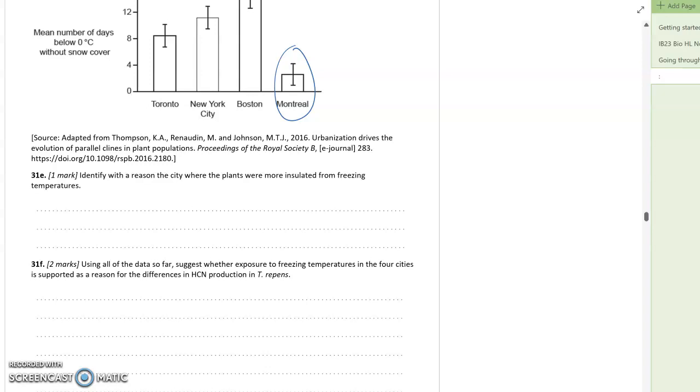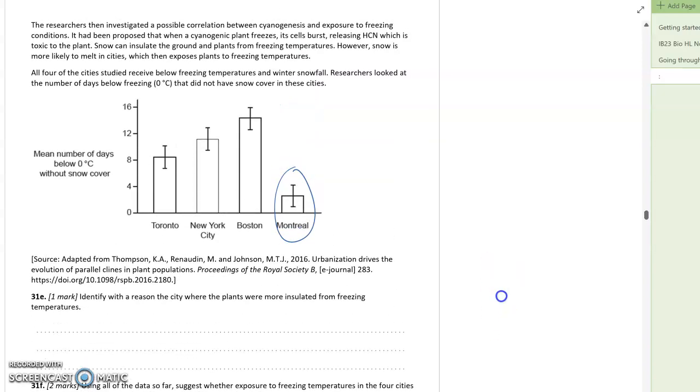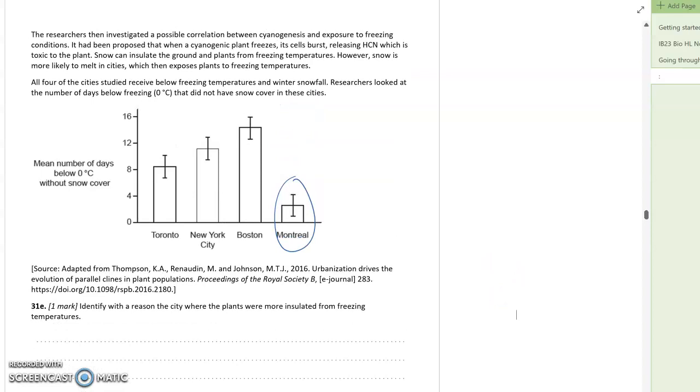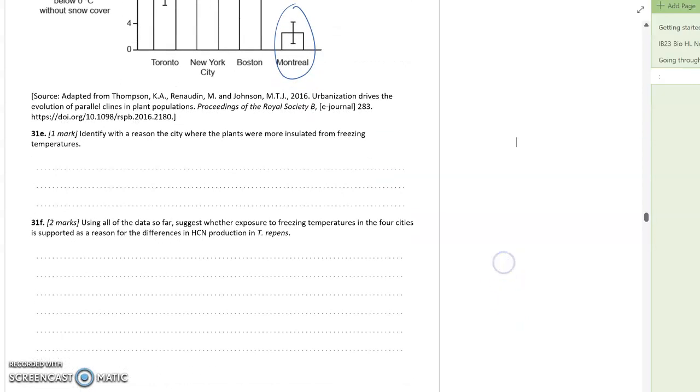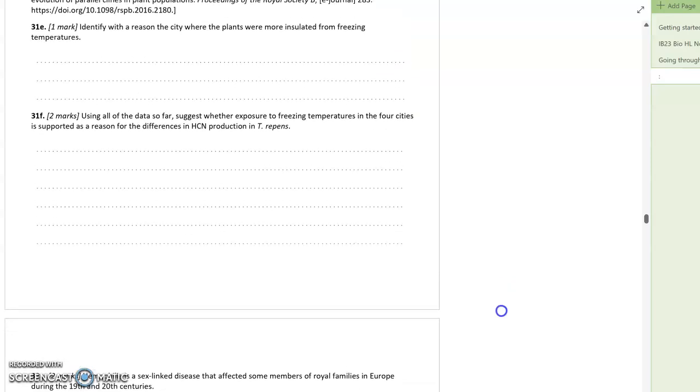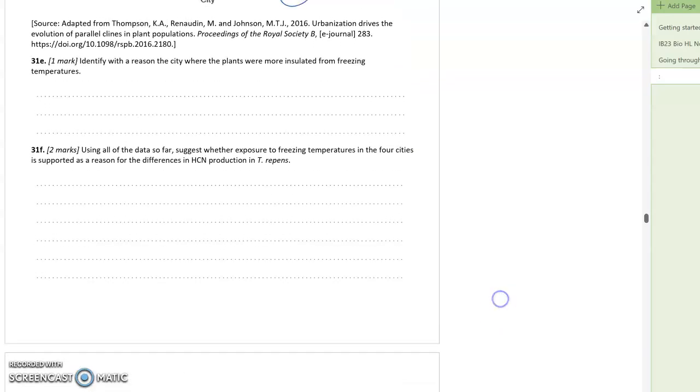So those ones with more days without snow cover are going to perhaps have more of this freezing and bursting of cells and then the hydrogen cyanide killing the plant. So that would suggest that the hypothesis is supported. And that is your data response question.